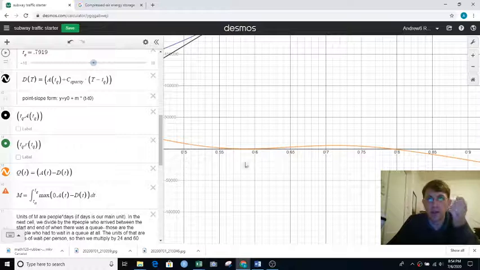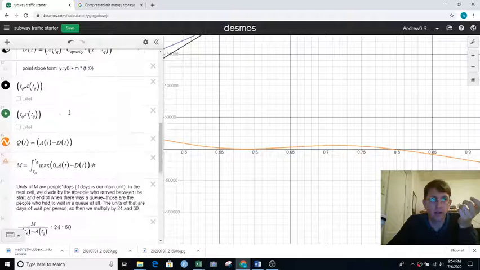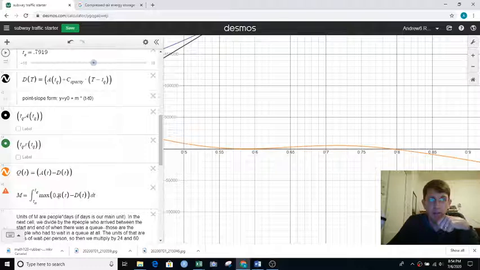So to compute the average queue, we could take the area under that. So here we're having it take that area for us. This, in some sense, we should do by hand. But a of t is already pretty nasty. d of t is linear, but still kind of complicated. So I'm just having Desmos do that integral for us.